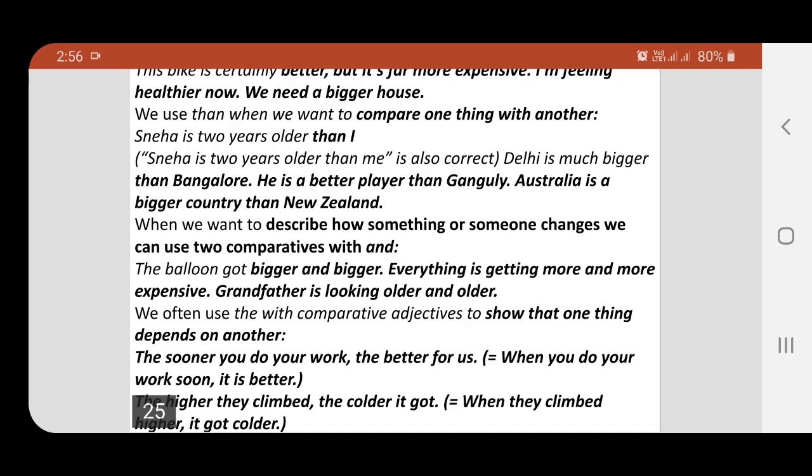So, better, that is a comparative adjective. Australia is a bigger country than New Zealand. New Zealand is a small island, whereas Australia, that is a big country. So, Australia is a bigger country than New Zealand.